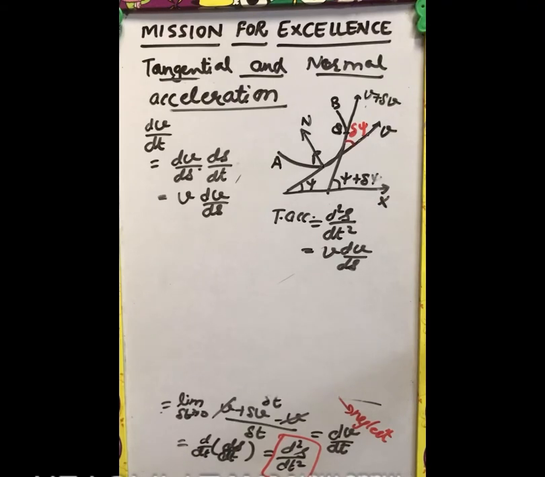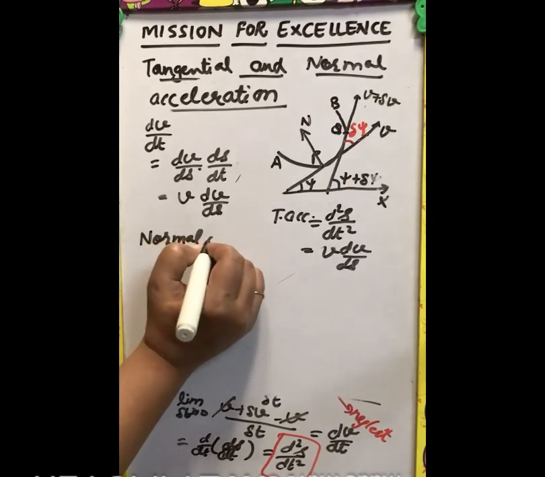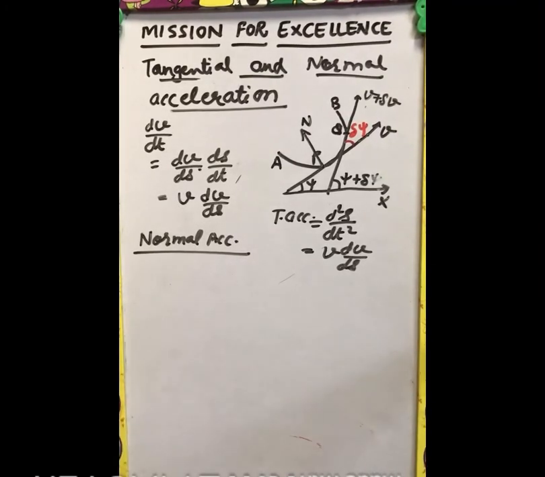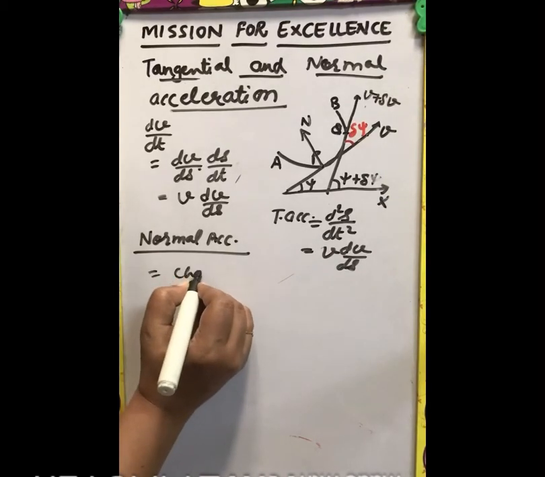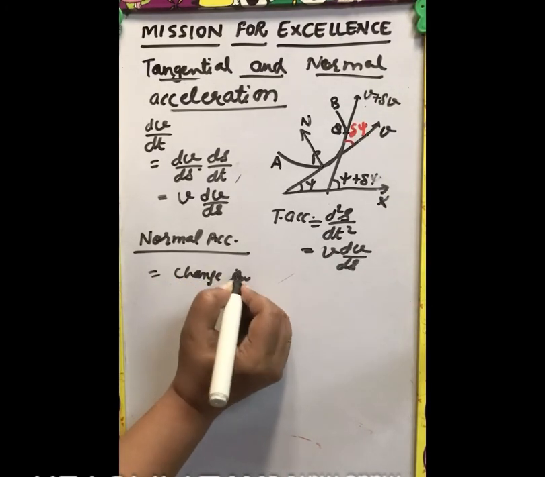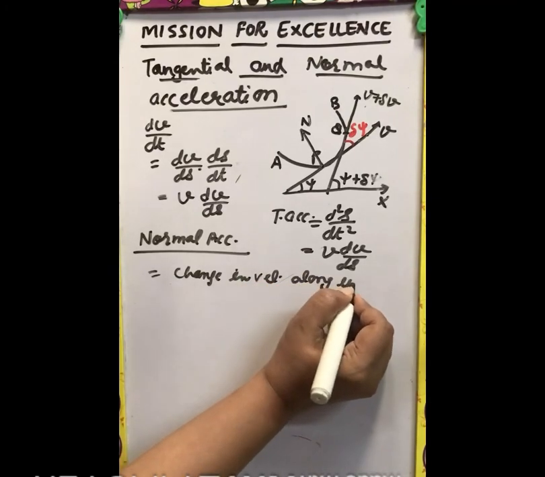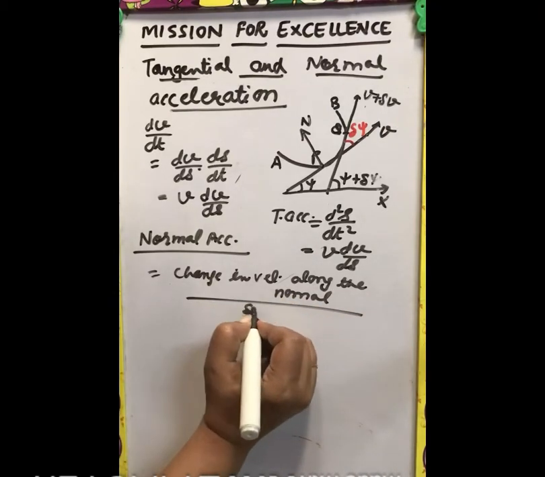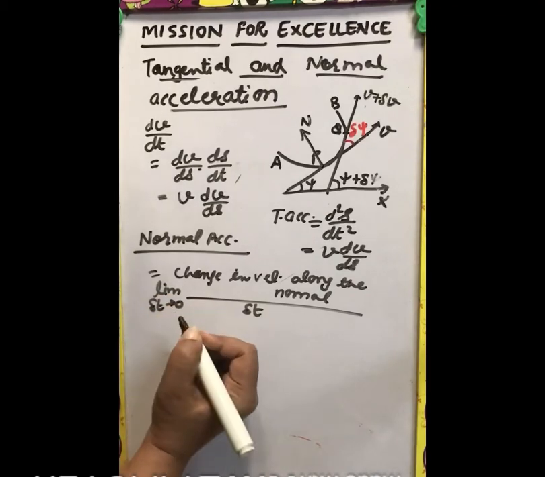So now let us do normal acceleration. Let us write here the change in velocity along the normal. This will be equal to the change in velocity along the normal divided by delta t, and here we take limit delta t tends to 0.